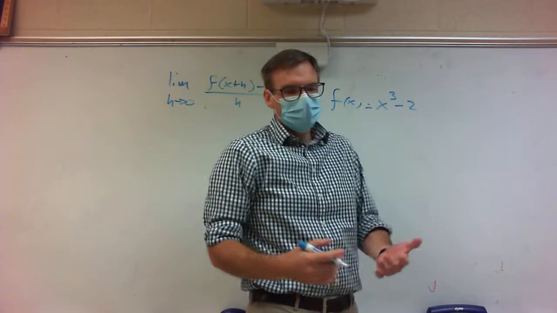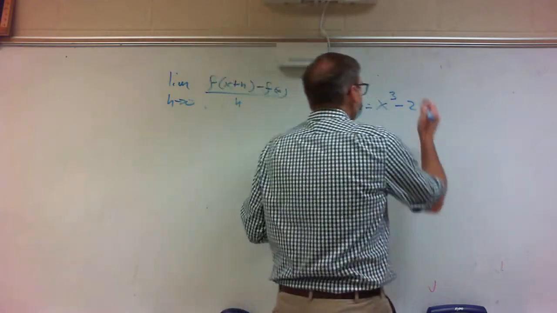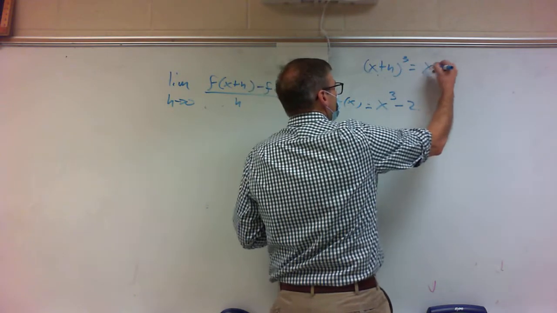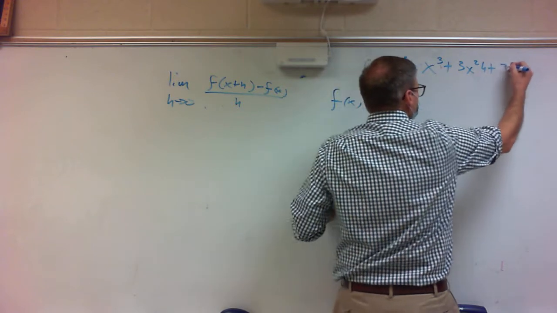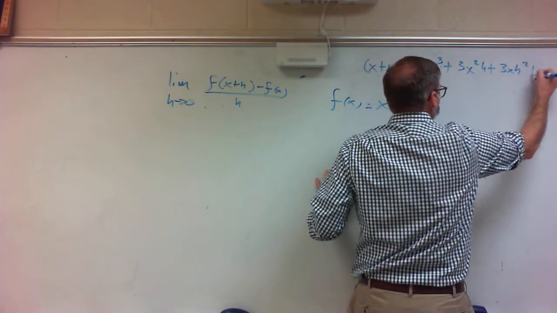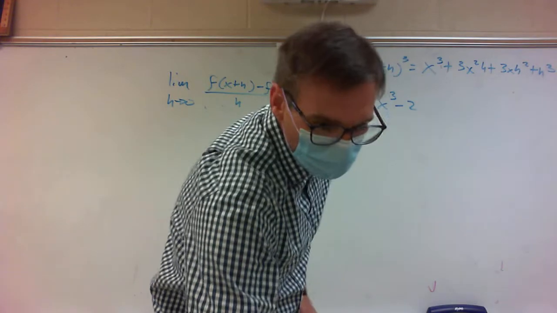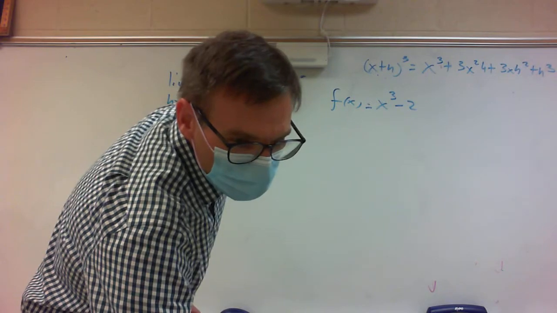And to make this process a little less painful, I'll go ahead and tell you that x plus h cubed is equal to x cubed plus 3x squared h plus 3x h squared plus h cubed. All right, perfect, that fit on the end. So once you've completed this, do the electronic raise your hand.